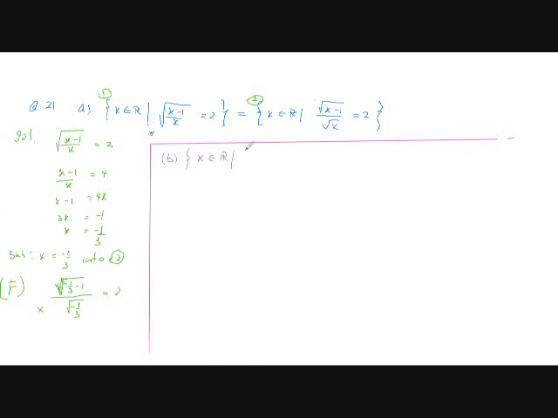This is absolute x over x minus 1 greater than or equal to 2, for x belonging to R. This is absolute x greater than or equal to 2 times absolute x minus 1.